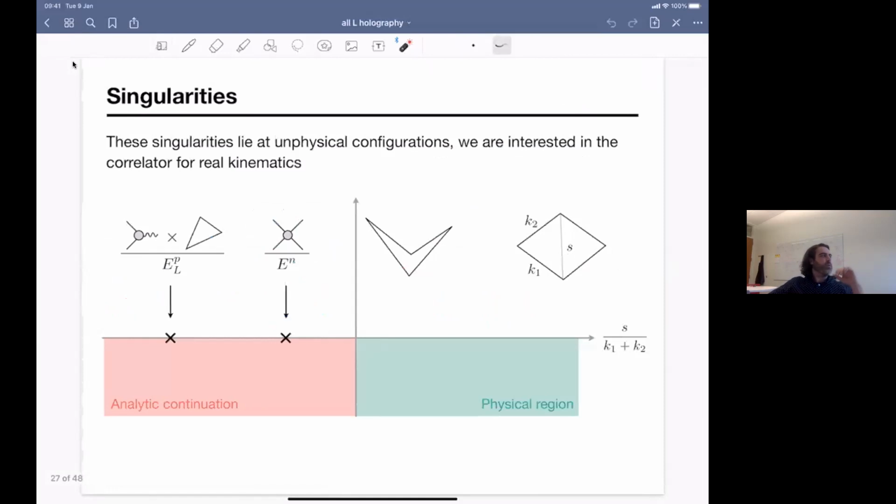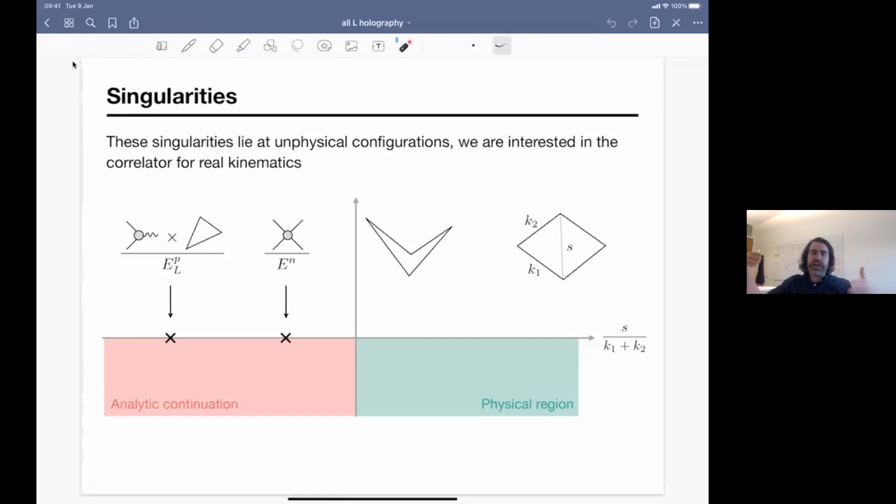And roughly speaking, what we want to do is reconstruct the correlation function away from these singular points. So this is the analog of trying to reconstruct the tree level S matrix from knowledge of its factorization poles. A interesting feature, which is recurrent in physics, is that these singularities lie at unphysical configurations.